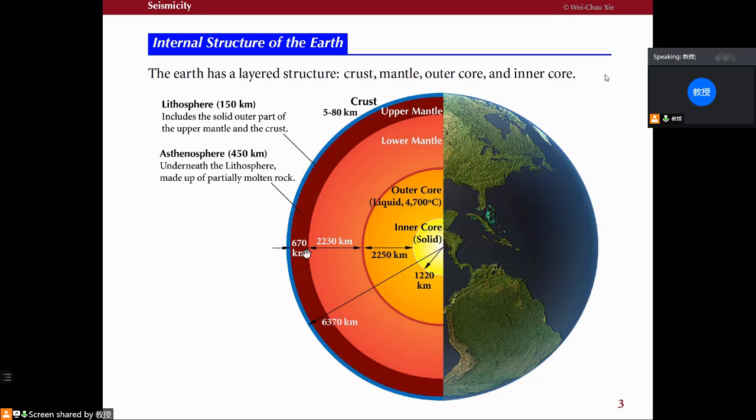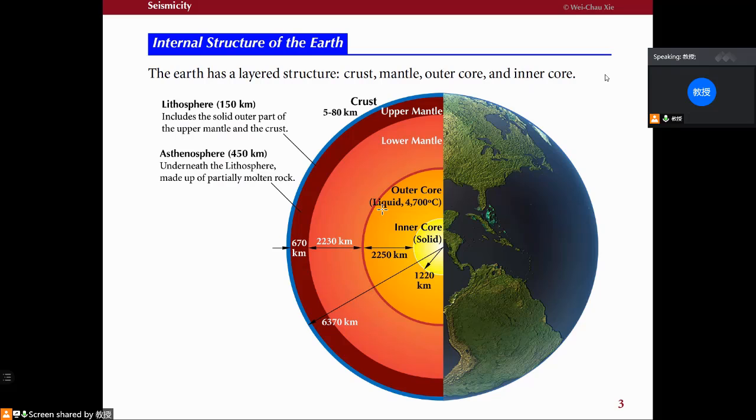The upper mantle is this burgundy layer. It has about 670 kilometers. And the lower mantle is the orange part, 2230 kilometers. And then we have the core.